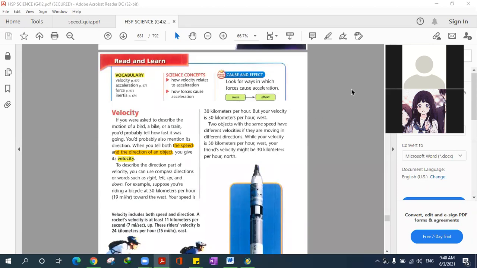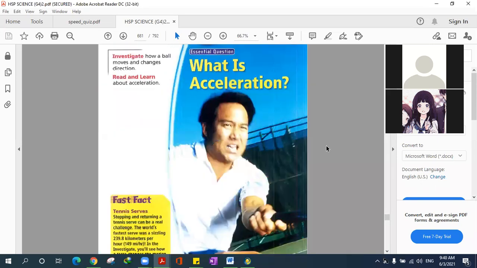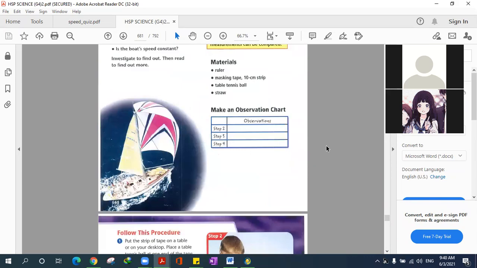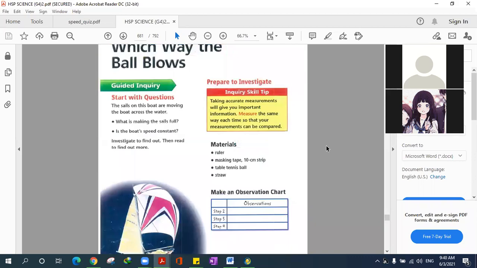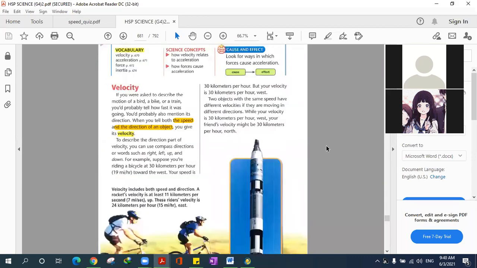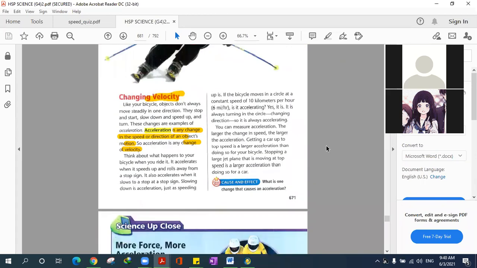Okay, so as you learned in chapter 16, lesson 2, we talked about acceleration and velocity. We said velocity is the speed and direction together. And we said acceleration is when we change the speed or the direction of an object.